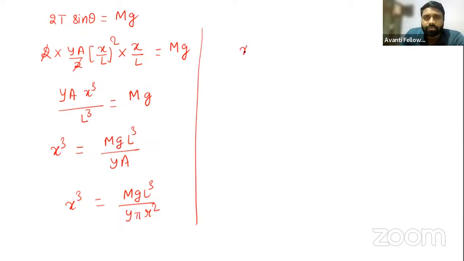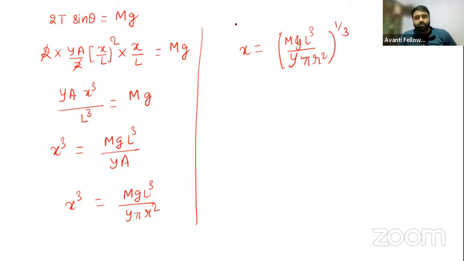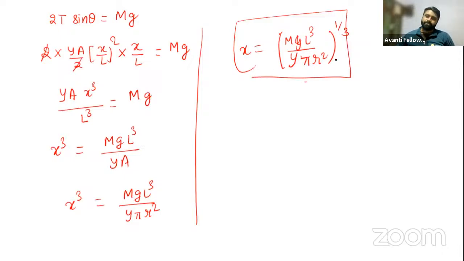The value of x will be x equals (mg L cube divided by Y pi r square) raised to the power 1 by 3. So this is the value of this elongation.